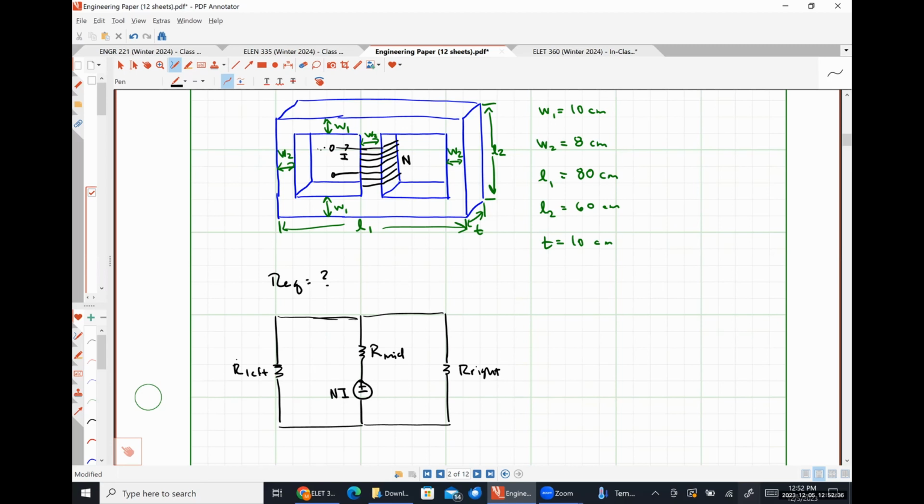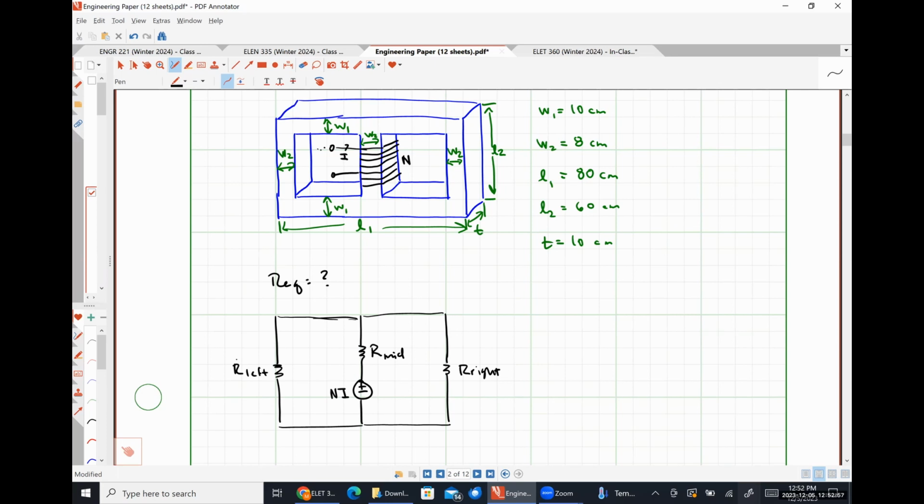So we have some left leg reluctance in parallel with some right leg reluctance, and then we have some middle reluctance there in the center. And we can break that left leg reluctance and right leg reluctance down into smaller parts because we have different physical shapes for these things.